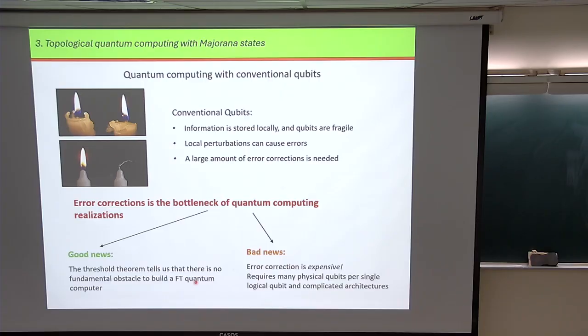If you use a two-level system to build a qubit, typically each qubit will be in some position, and the information of this qubit is just local. Let's say I'm using the two levels of one atom.